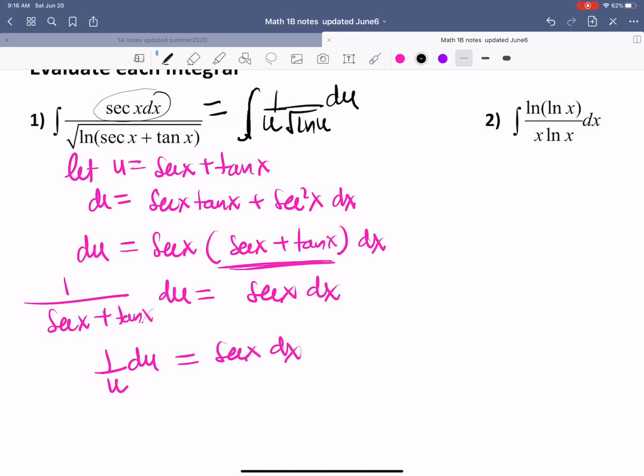Now again, there is going to be another substitution. I'm going to let natural log of u be t. 1 over u du would be equal to dt. So this integral would turn into dt over square root of t.